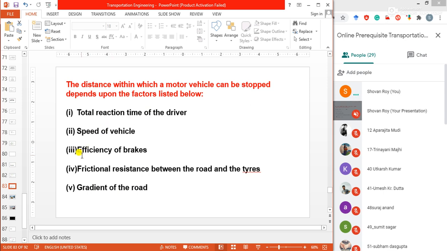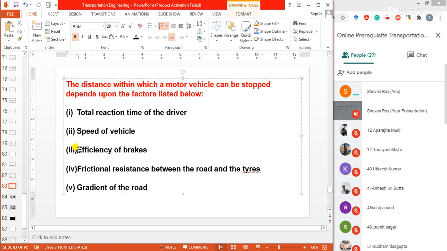Number 3, efficiency of brakes. Number 4, frictional resistance between the road and the tires. Number 5, gradient of the road. These 5 factors regulate the distance within which a motor vehicle can be stopped.